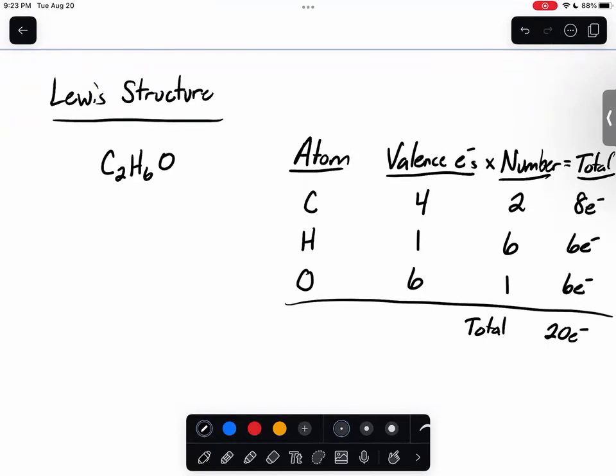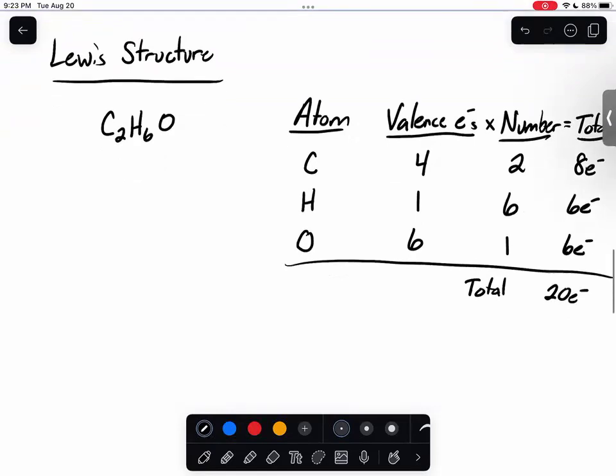So let's actually try and draw a Lewis structure of this. Now, whenever we're drawing Lewis structures, I have some quick recommendations. The first one is that you always want to try to put the atom that can make the most bonds in the middle. So always try to put something like a carbon in the middle.